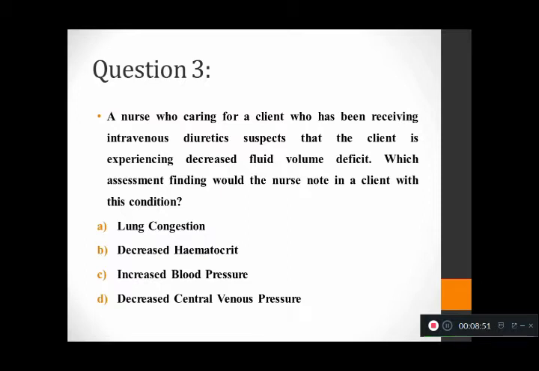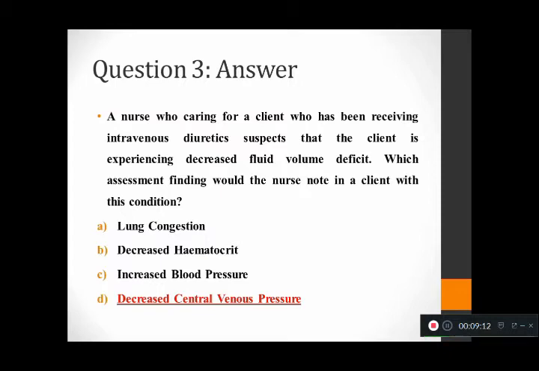These are the signs and symptoms in which the patient will have excess fluid volume. So omit the first three options, and the answer is decreased central venous pressure. Central venous pressure is decreased due to fluid volume deficit.